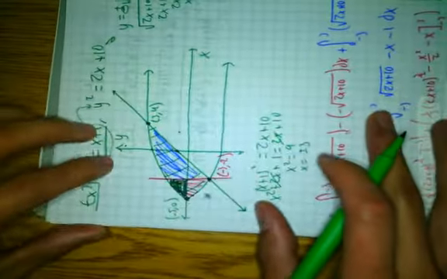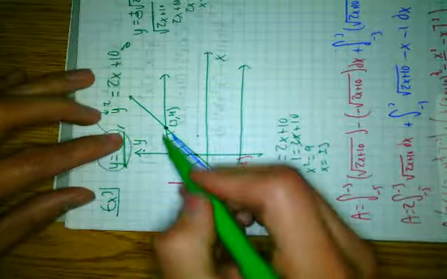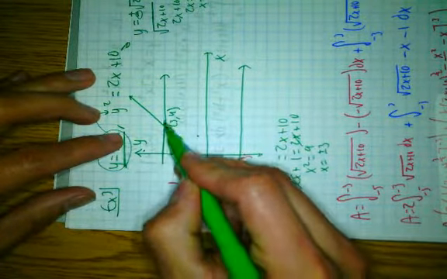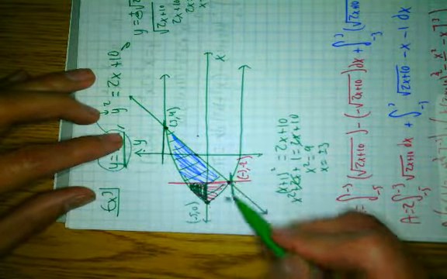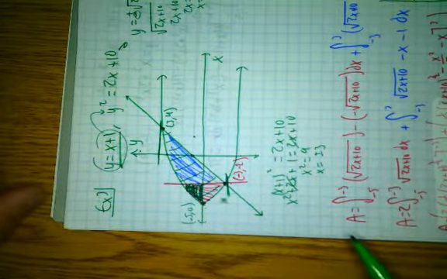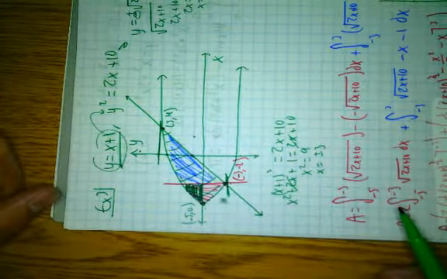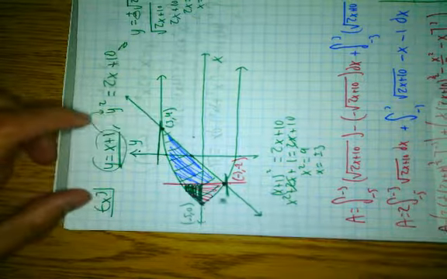Now I'm going to go back to the sketch one more time so I can show you again what's going to happen. Because we are integrating with respect to the y-axis, I need this value right here. I'm going from here to here, right? But those are the y values. What are those y values? 4 and negative 2.